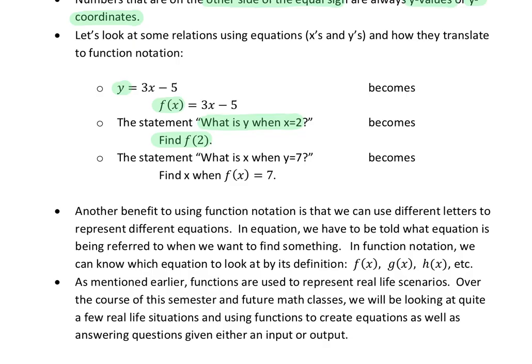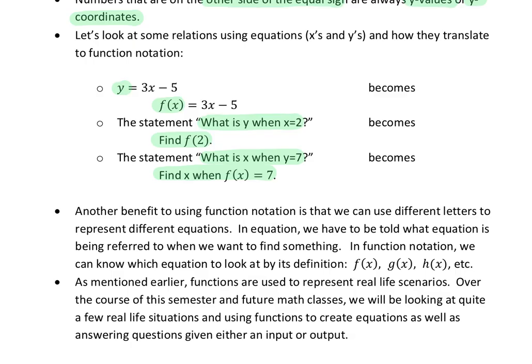All right, the second statement that we are going to be playing around with is something along the lines of what is x when y is 7? In order to do this, in function notation we say find x when f of x equals 7.